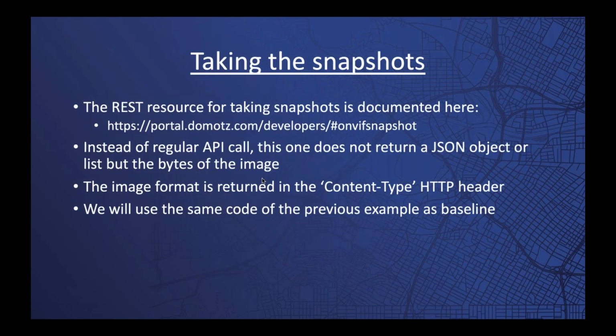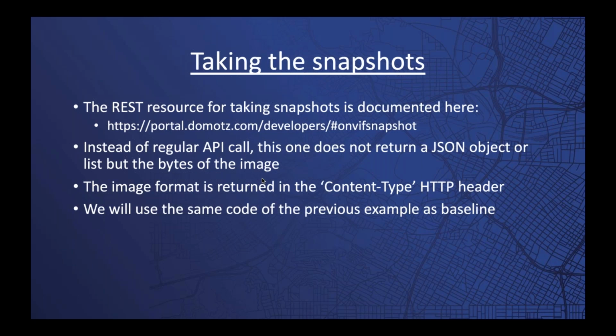So finally, we are going to take the snapshots. We are using the same API resource that Giancarlo showed, and that is quite different from the other because it doesn't return a JSON, but it does return a binary string containing the image itself.